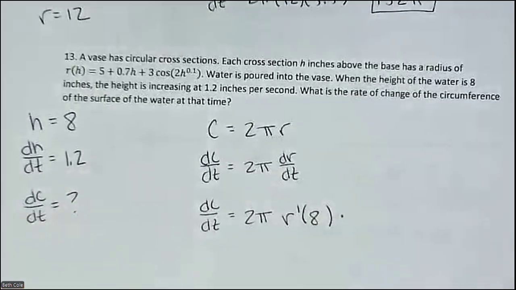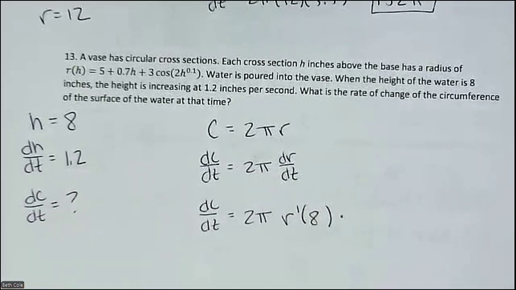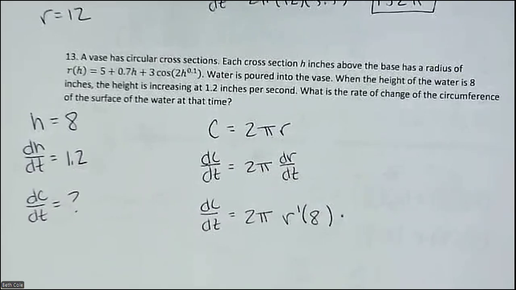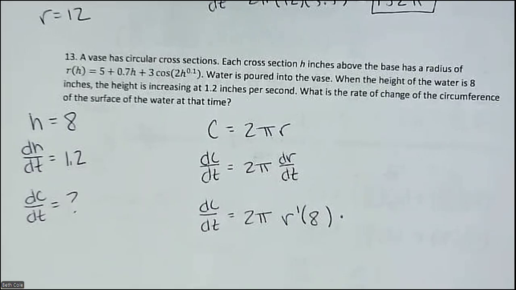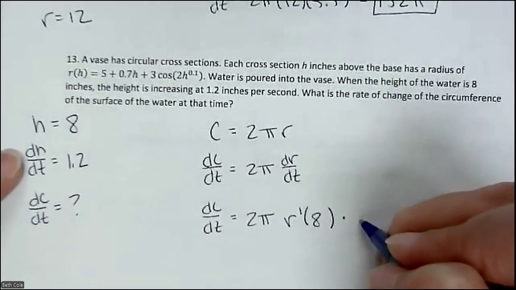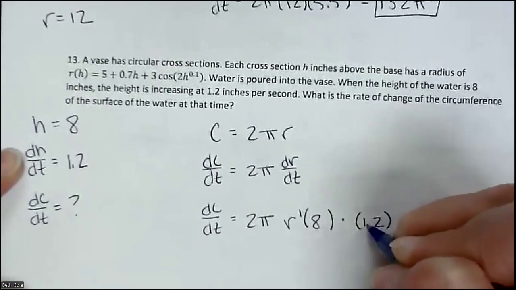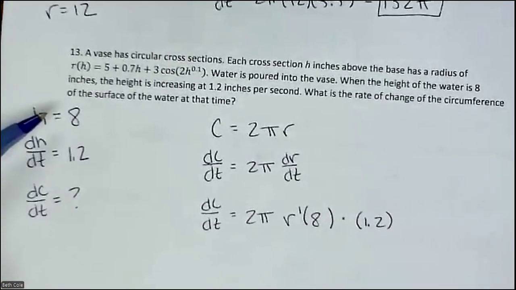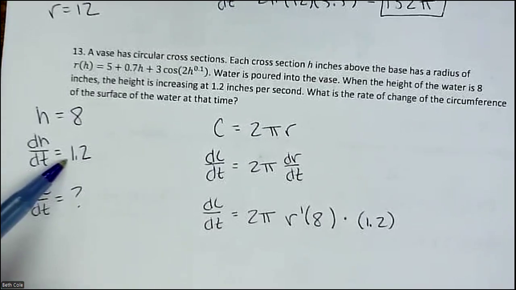And then you have to chain on what? Because it was in terms of h. dh/dt, which is 1.2. Again, if you make your list of information, you will probably catch that because you'll be like, hey, where does this 1.2 go? That should fit in there somewhere.